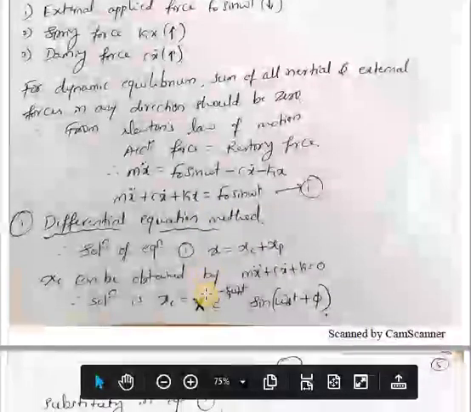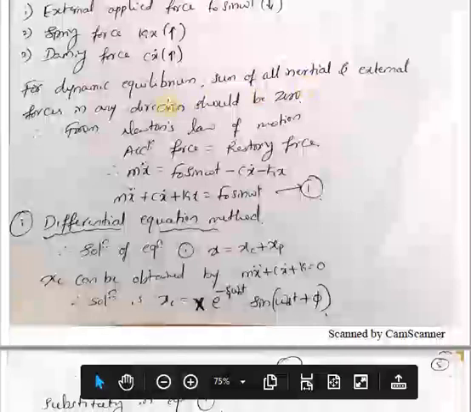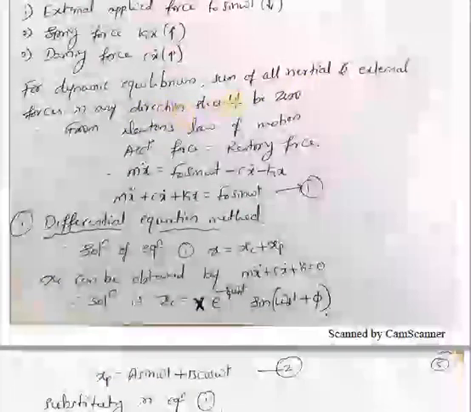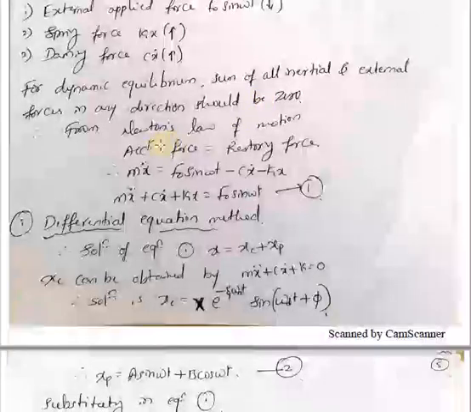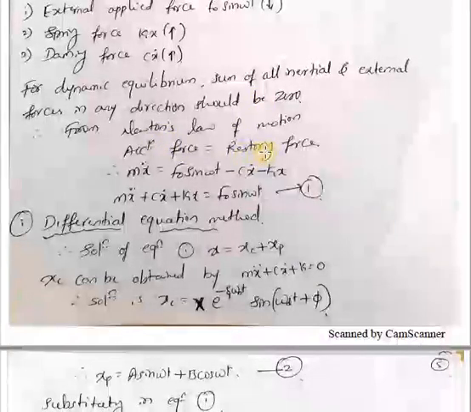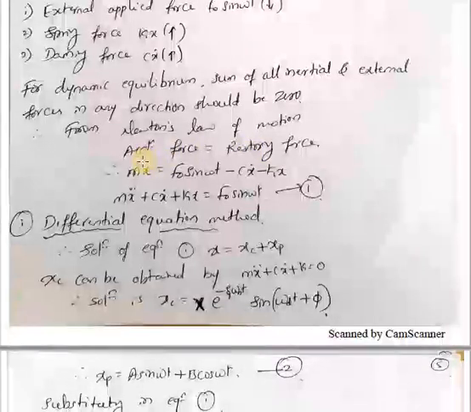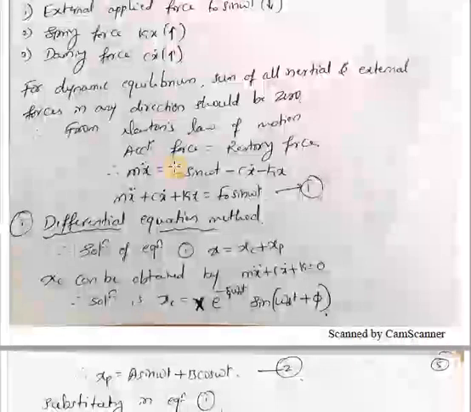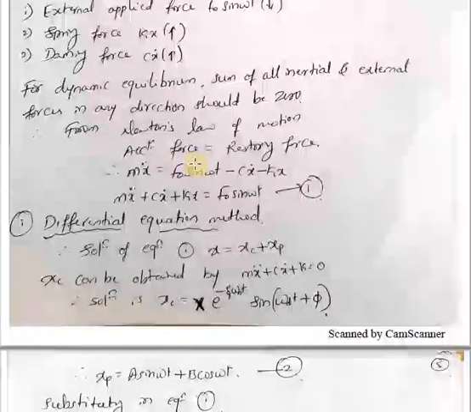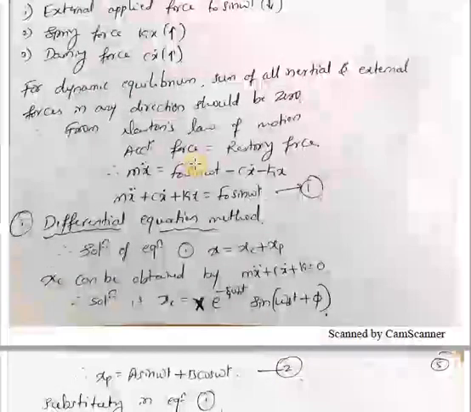Now for the dynamic equilibrium, the sum of all inertial and external forces in any direction should be equal to 0. Or you can directly apply Newton's law of motion, that is acceleration force will be equal to restoring force. So acceleration force is mx double dot, which is equal to the restoring forces. f naught into sin omega t is the applied external force, which is acting in downward direction, and the displacement of the body is also in downward direction.